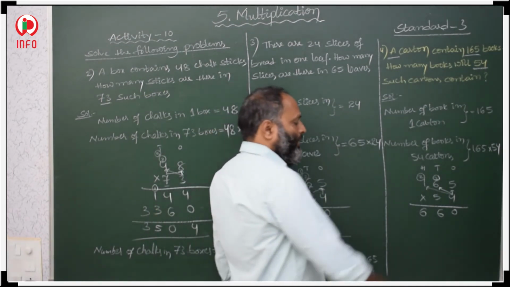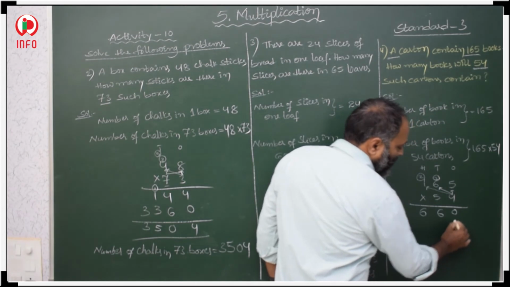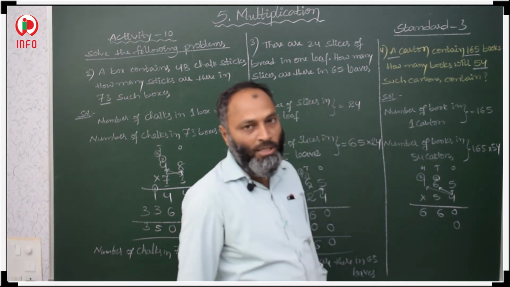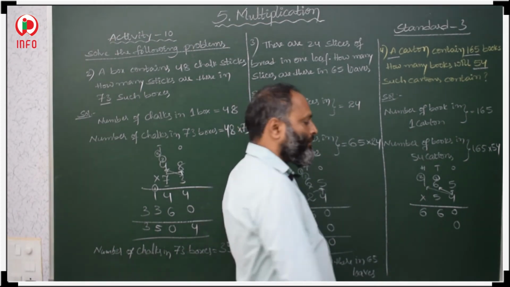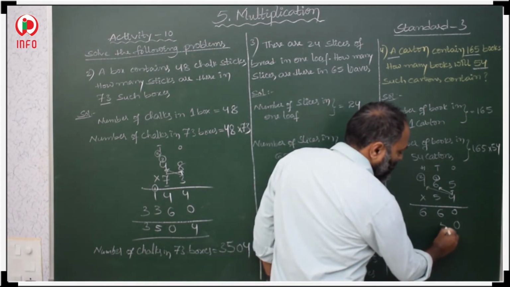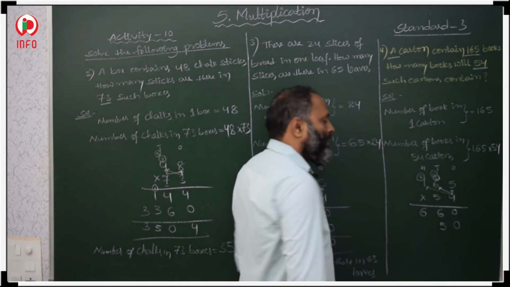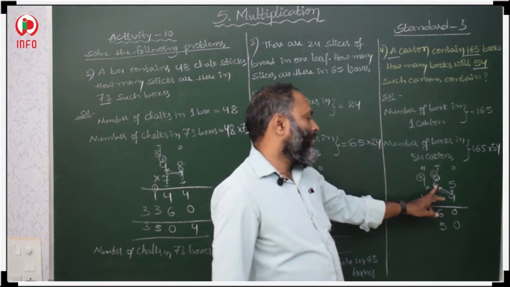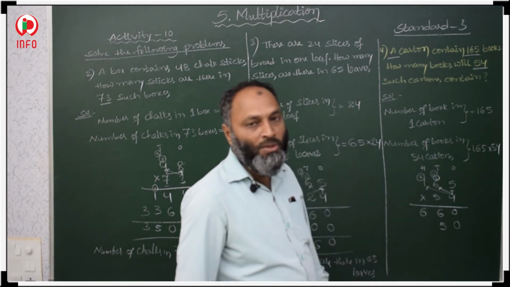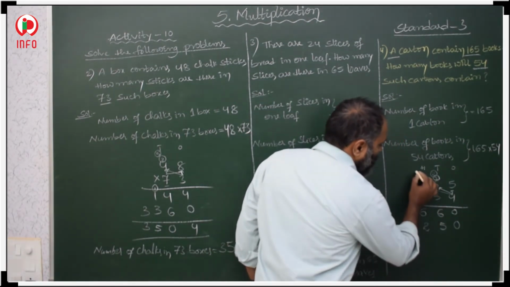Now we have to multiply with 5. 5 is in the tens place, so first we keep a 0 in the ones place. Now you start your multiplication with 5. 5 5s are 25. 5 is in the tens place and 2 carry over. 5 6s are 30, 30 plus 2, 32. 2 is in the hundreds place and 3 carry over.